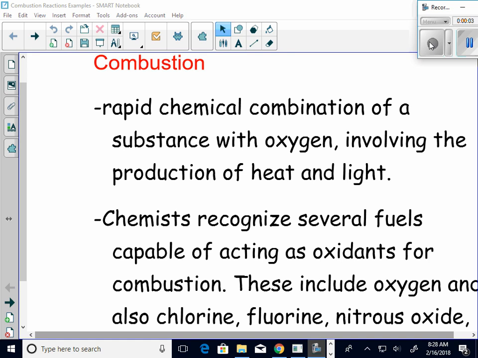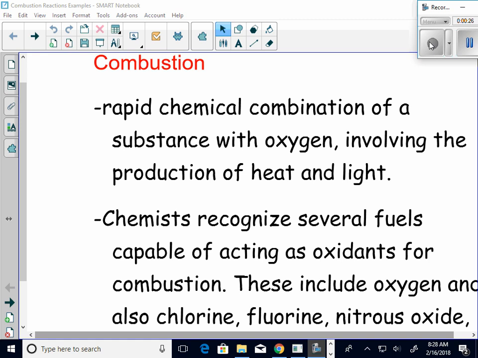You watched a video last night dealing with combustion reactions. Before we get into that, let's talk about the notes I have on the smartboard right now about this combustion reaction.